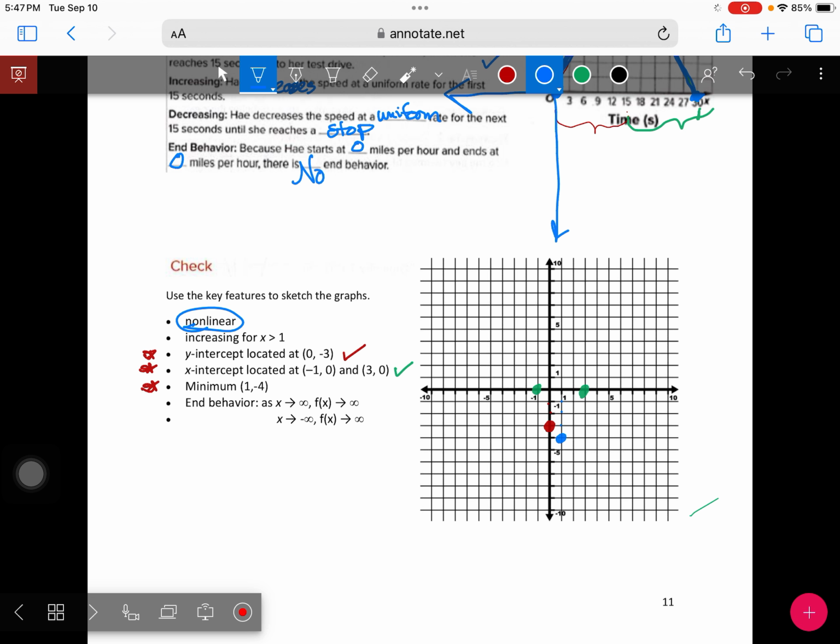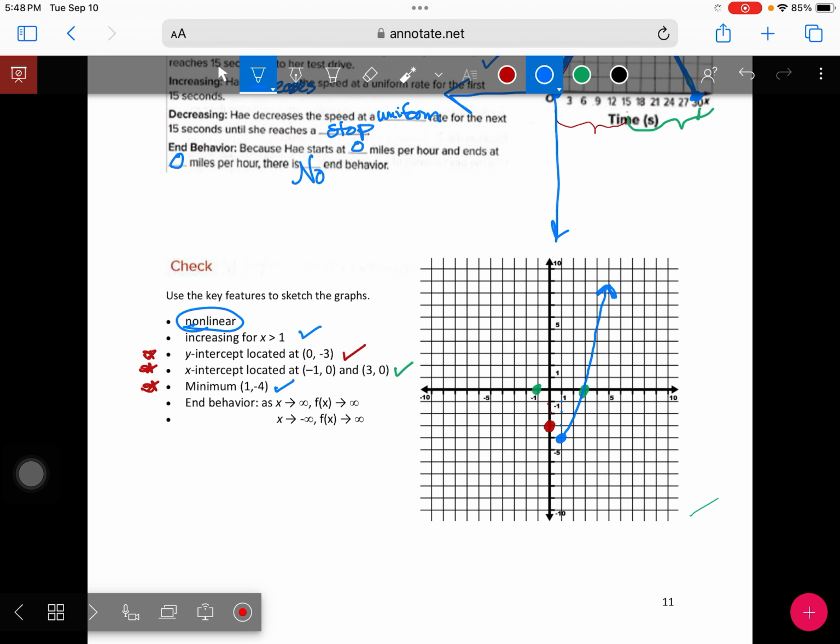See, we're already seeing a lot of things here. So, where x is greater than 1, it is increasing. Okay? X is greater than 1, it is increasing. Well, that's definitely increasing. That's going up. And end behavior. As x approaches positive infinity, the f of x is going to positive infinity.